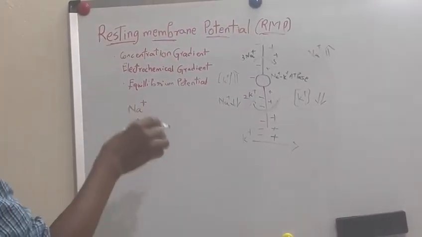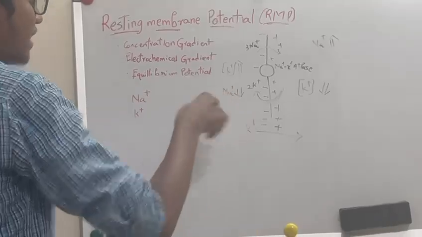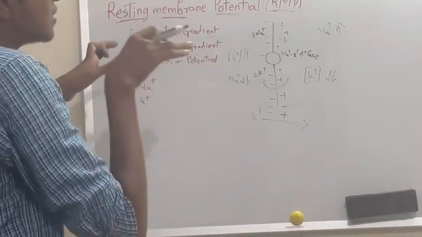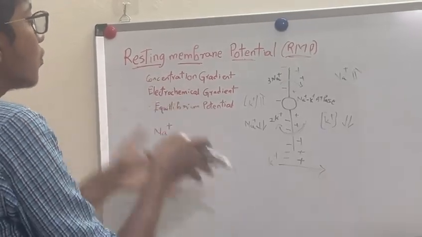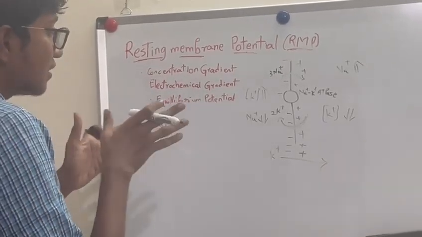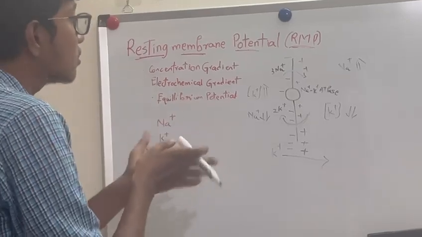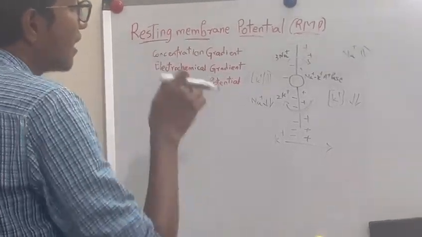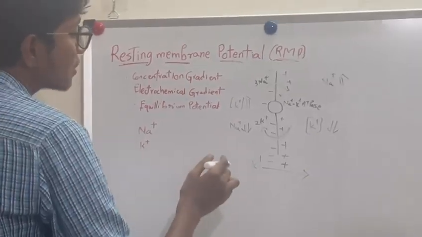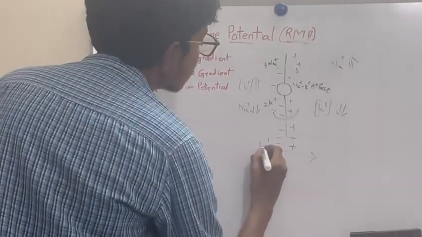So this generated excessive negative charge opposes the flow of potassium ions, and this force is called the electrochemical gradient, or the force due to the electrochemical gradient, and this force opposes the movement of potassium ions.